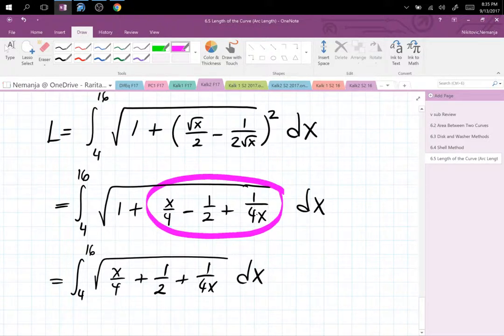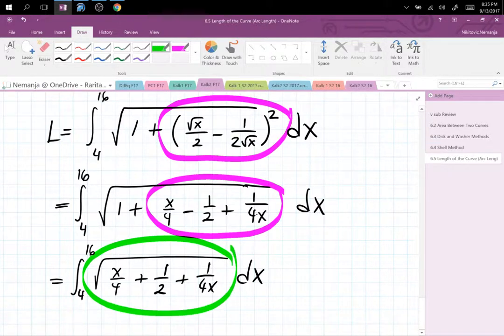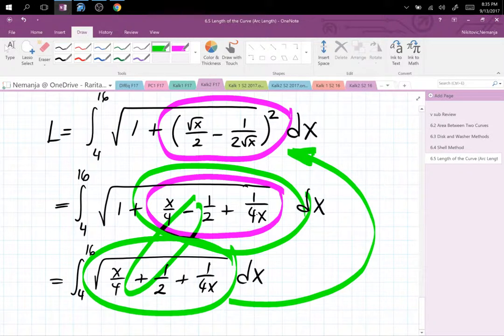This came from here. This one is the same as that one, except for the sign. Do we all see that? So that means that this one compresses into that one with a minus sign.